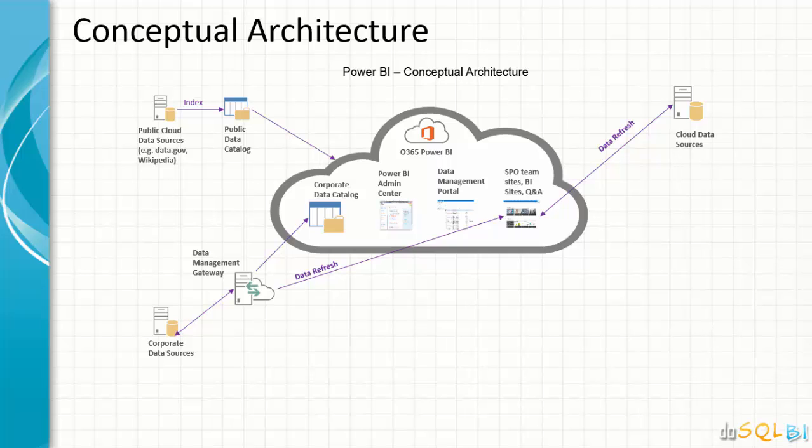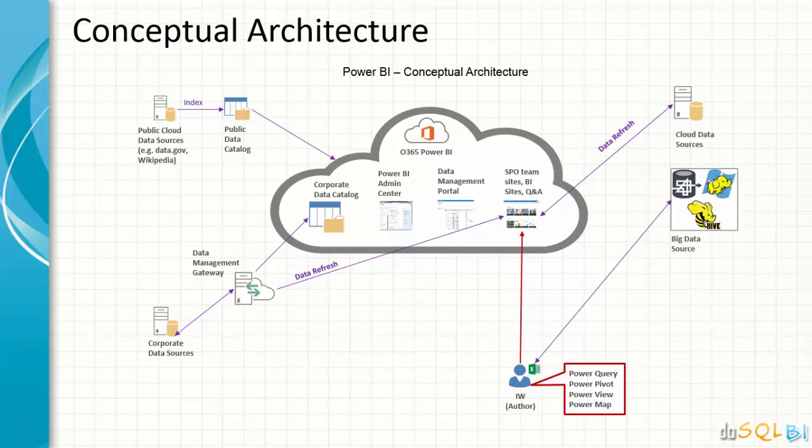As an information worker author, one would use Power Query, Power Pivot, Power View, and Power Map to author Power Pivot workbooks. While doing that, we could also consume big data sources, in this case HDInsight on Azure. We could also leverage the Azure Machine Learning data source.